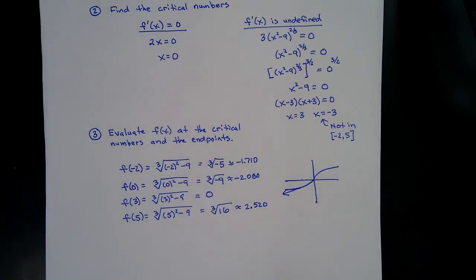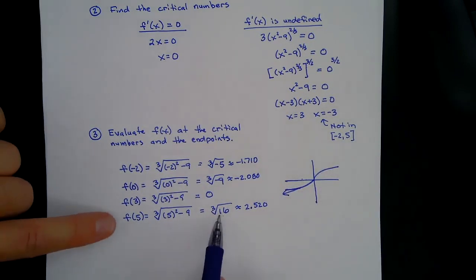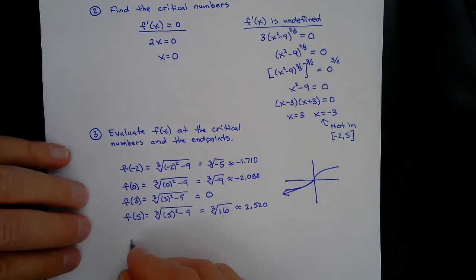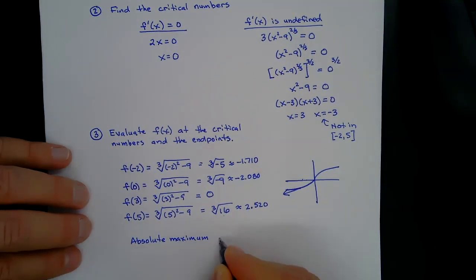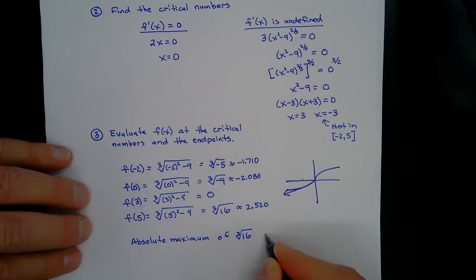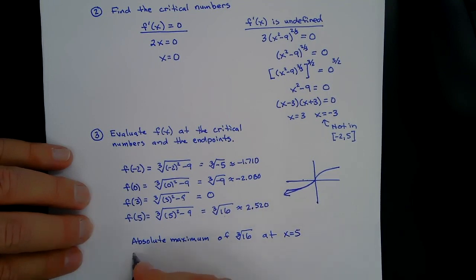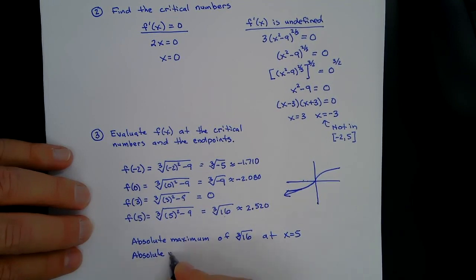So now what you do is you look at which of these is the largest one. Well, this is the largest one. It's the cube root of 16. So that's our absolute maximum. So absolute maximum of the cube root of 16 at x equals 5. And then we also have an absolute minimum.